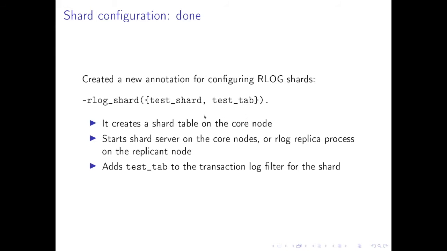It will create shard tables on the core nodes. It will start all the processes on core and replicant nodes, and finally it will create a filter for the transaction log entries to dig for the operations that belong to the shard.